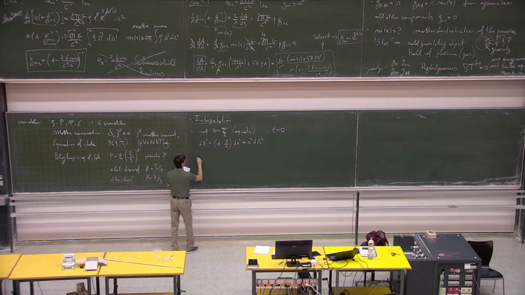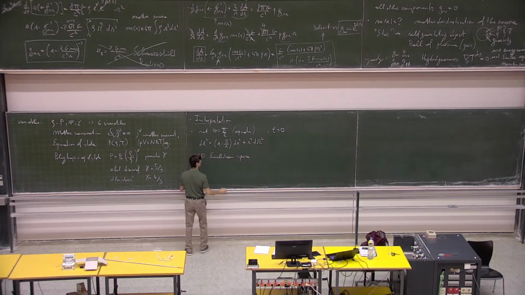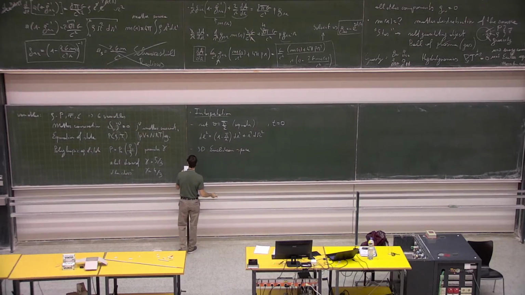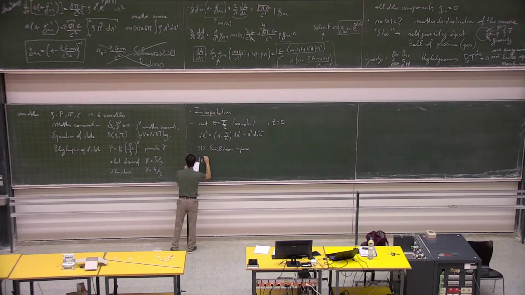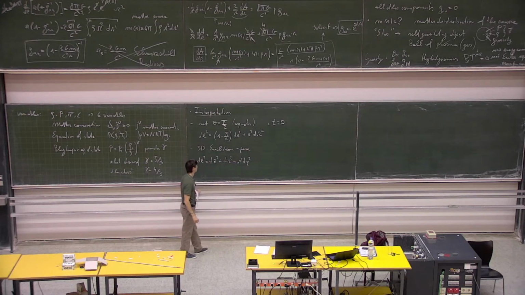Then let's look at the three-dimensional case, sorry, a three-dimensional Euclidean space. What we have is dl squared equal to dz squared plus dr squared plus r squared dphi squared, the 3D polar coordinates.